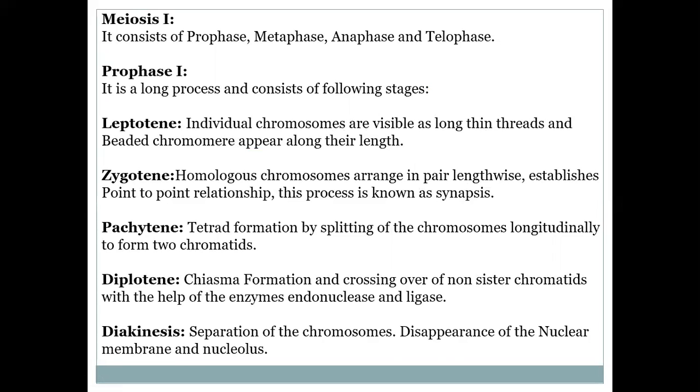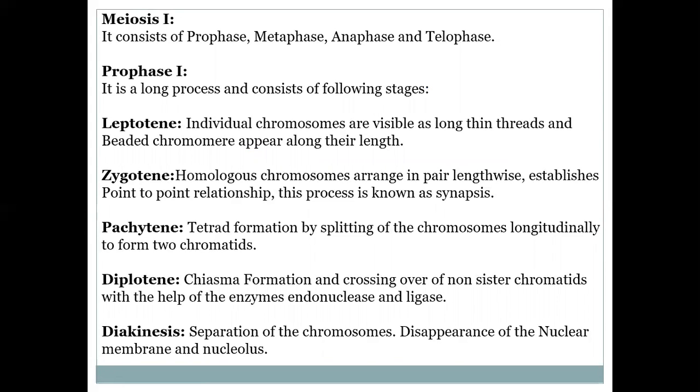Thereafter, pachytene. In pachytene, homologous chromosomes actually pair and tetrad formation occurs. That means a total of 4 arms of the homologous chromosomes remain in the same area and form a tetrad. In diplotene, crossing over of non-sister chromatids occurs between the two homologous chromosomes.